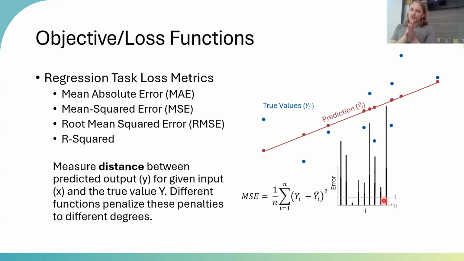So you might wonder, why would I select MAE versus MSE or any other one? That comes down to what your objective is for your regression model. MAE penalizes any distance incrementally equally.